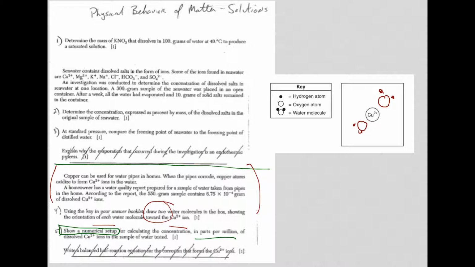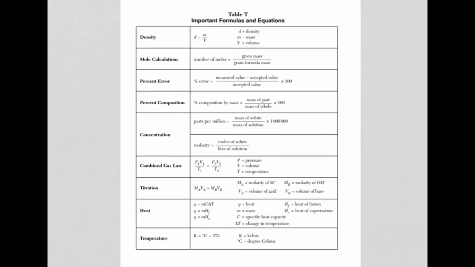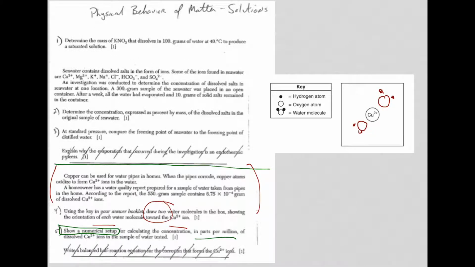Once again, let's grab the mathematical formula here, put it down, and then plug in. So here it is under concentration, parts per million. I need the mass of solute over the mass of the solution times a million. It's actually just like percent, except instead of multiplying by 100, I multiply by a million.